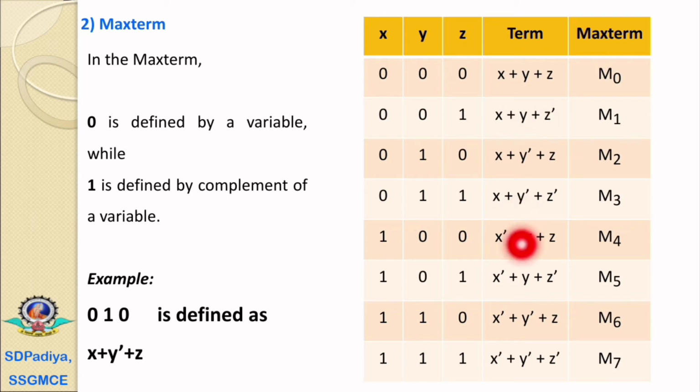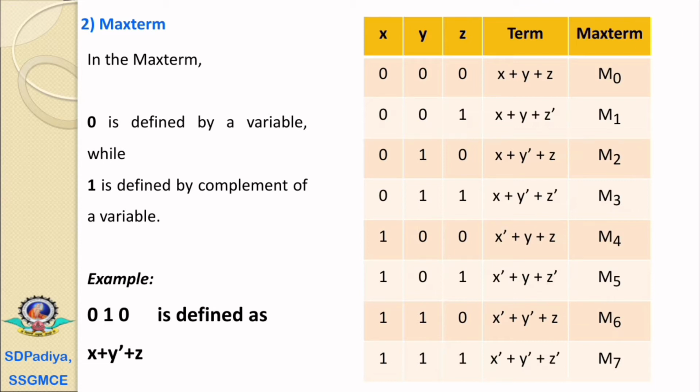For 1, 0, 0, it is x dash plus y plus z. For 1, 0, 1, it is x dash plus y plus z dash. For 1, 1, 0, it is x dash plus y dash plus z. And for the last, 1, 1, 1, it is x dash plus y dash plus z dash.